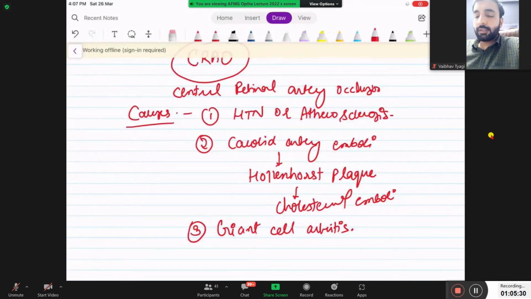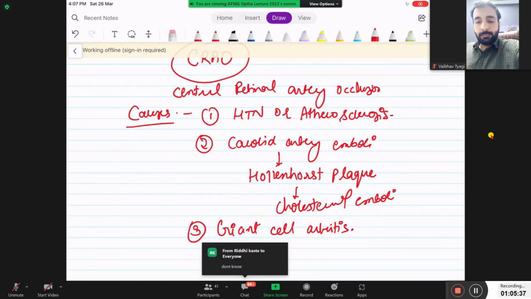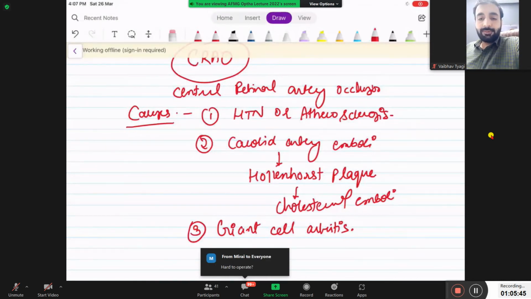So why is it called a cool branch? Don't know. Okay. It is called a cool branch because there are very few emergencies, so basically you can sleep peacefully.